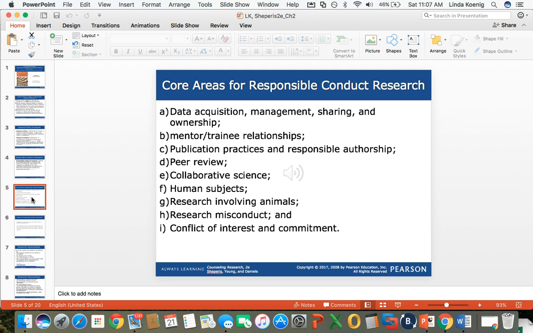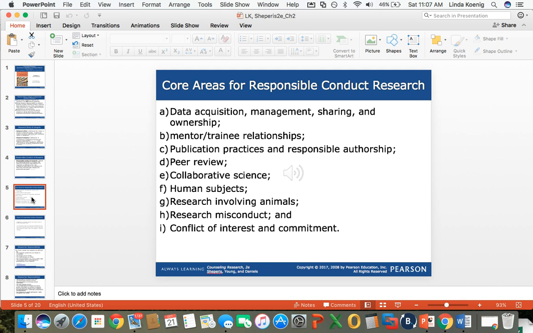A lot of times when we're conducting research, we also have mentors or trainees that we're working with. And one of the areas we're responsible for is managing those relationships in a way that's ethical.